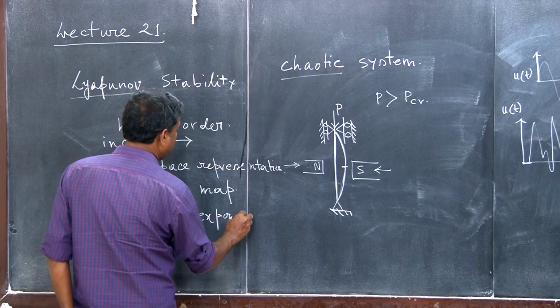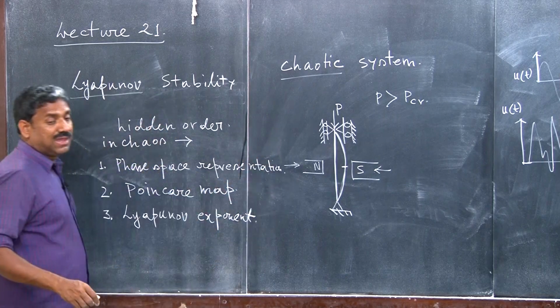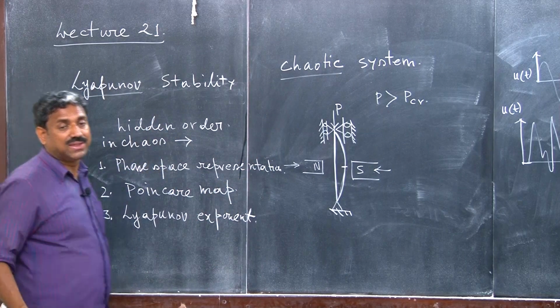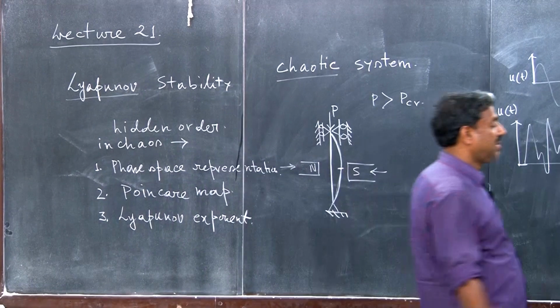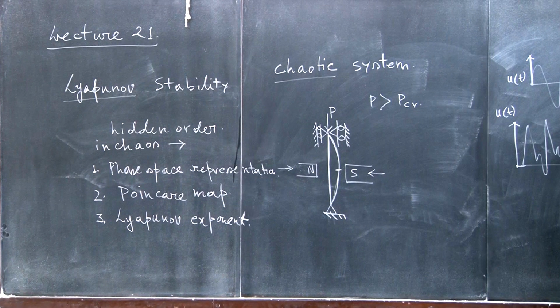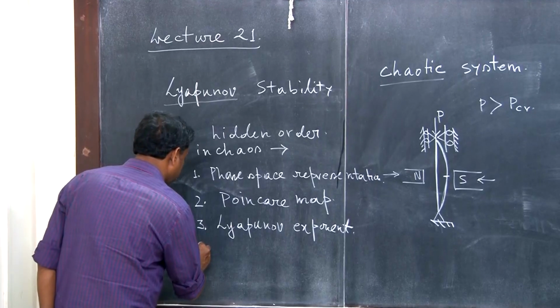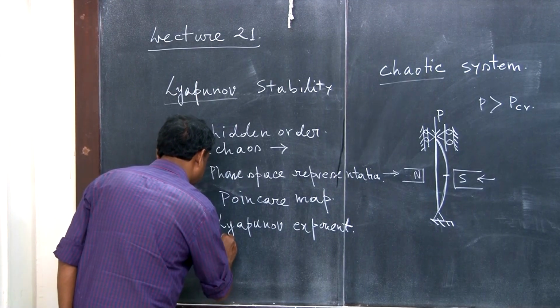So any time series, any random signal can be analyzed for its Lyapunov exponent. Okay. I will explain what that Lyapunov exponent is, and there are other things that you can also do, the bifurcation diagram, and maybe another is power spectrum analysis.